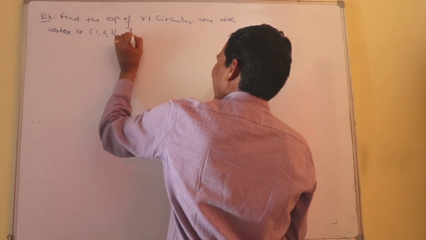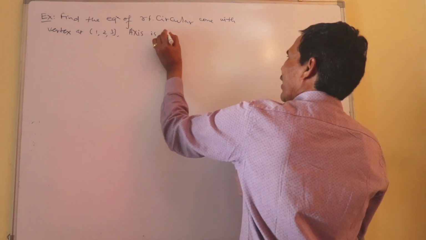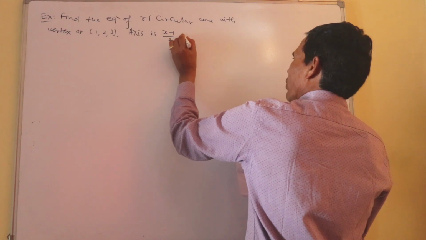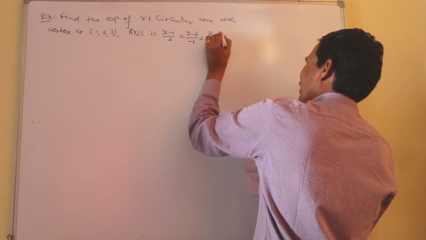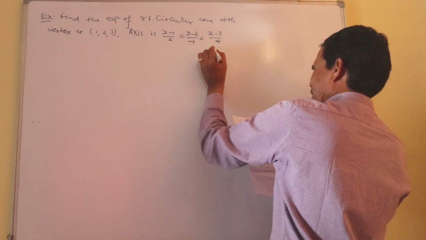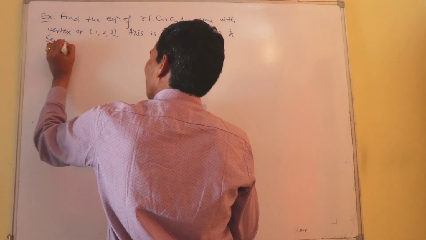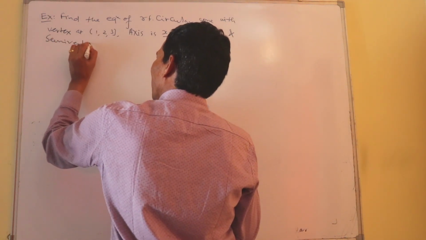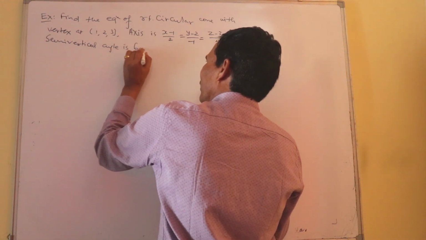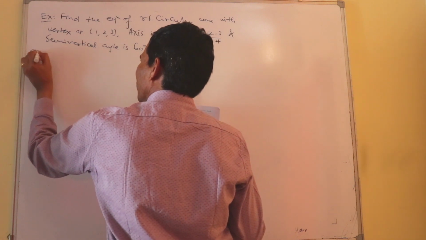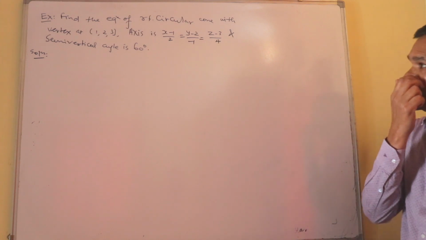The axis is the line (x minus 1)/2 = (y minus 2)/minus 1 = (z minus 3)/4, and the semi-vertical angle is 60 degrees. Solution: we try to find the equation of this right circular cone.